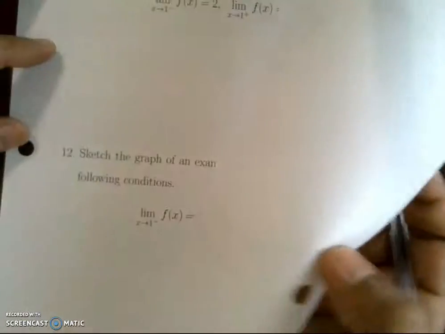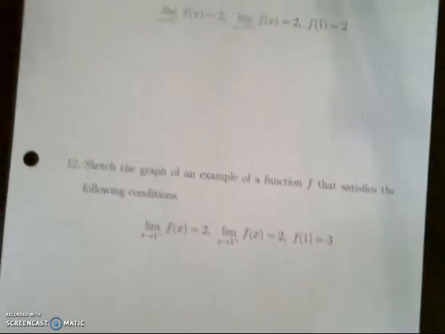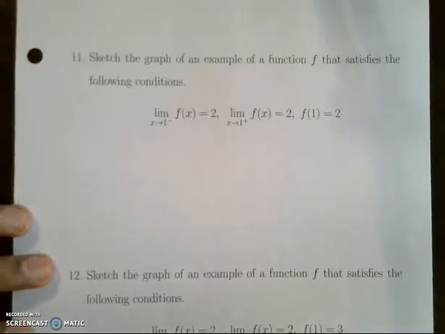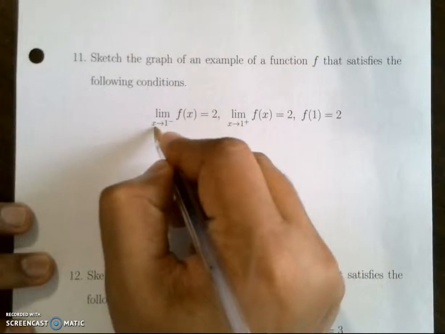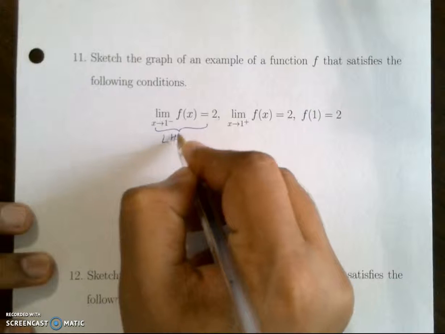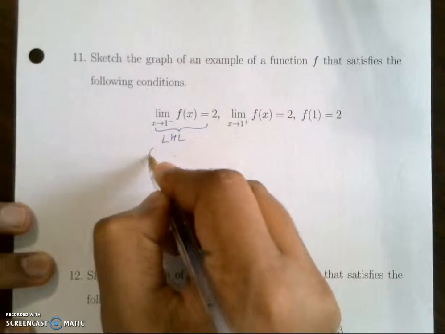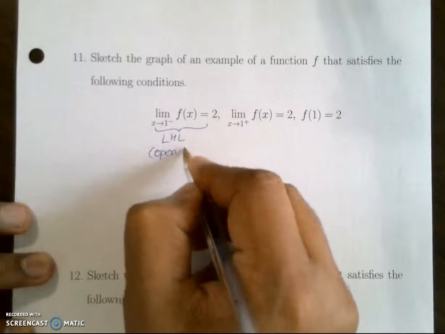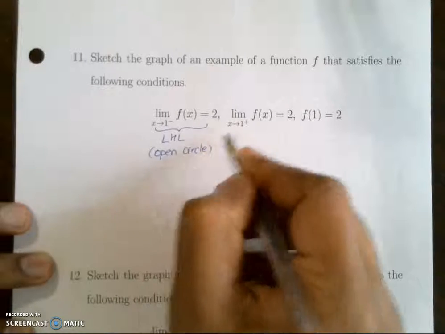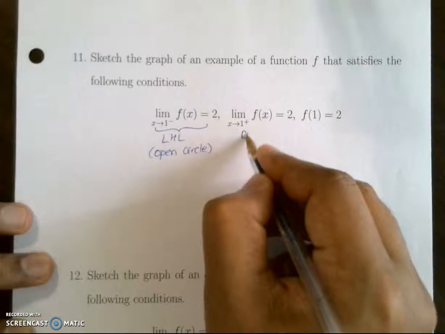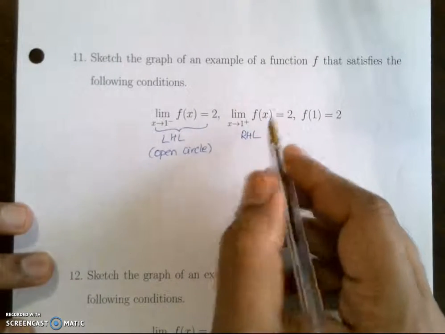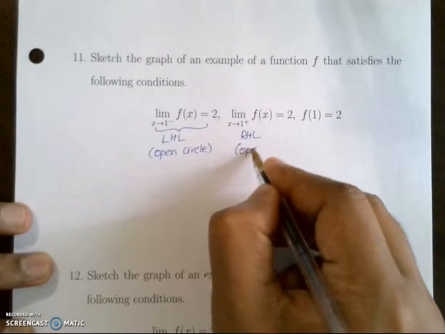Let's say 2 more examples involving the same kind of concept. Here you can see that this is a left hand limit, and the left hand limit is 2, and that's represented by an open circle. And here obviously this is a right hand limit, and the right hand limit is also represented by an open circle.